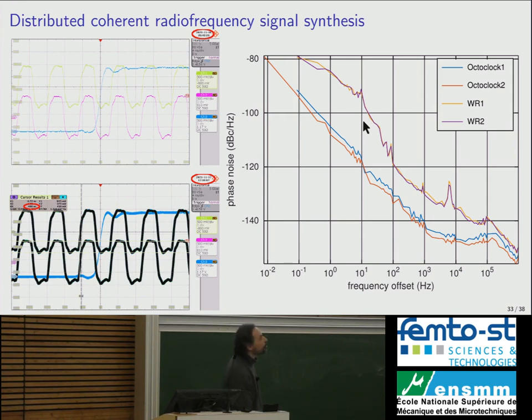So it's well known that the local oscillator of White Rabbit is not very good. It could be improved. It's been done at SATRE in Paris. So the local oscillator of White Rabbit would deserve some improvement, but still you see that we achieve the objective of phase and frequency synchronizing over the White Rabbit network here at 143 megahertz.